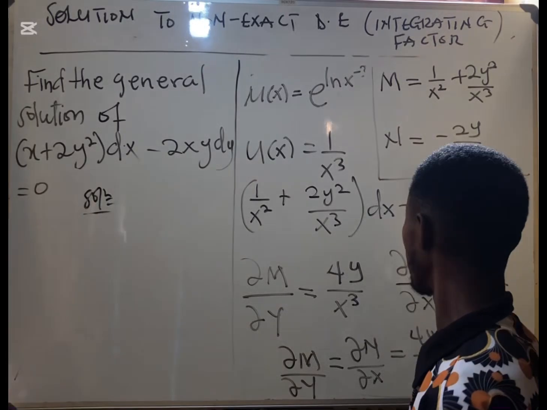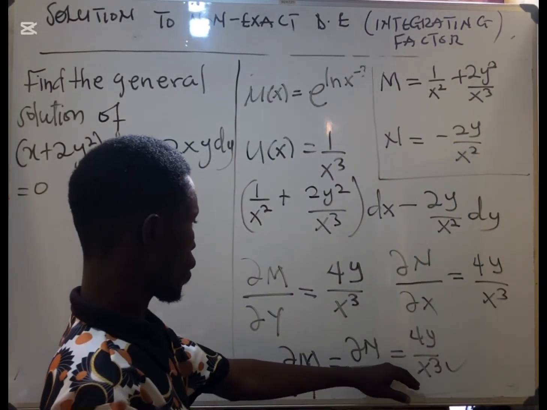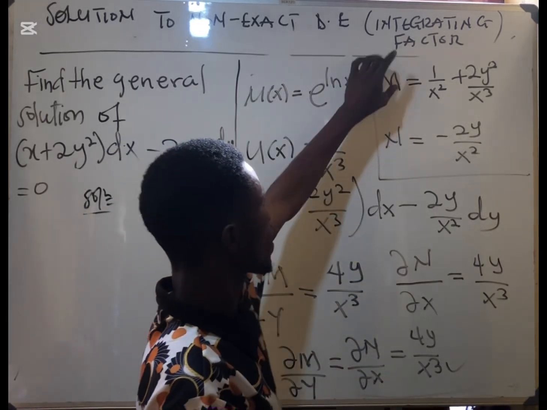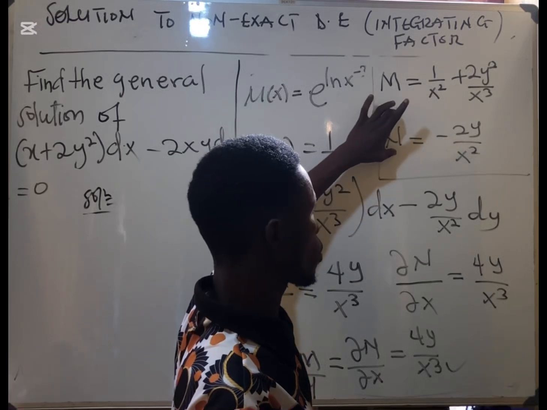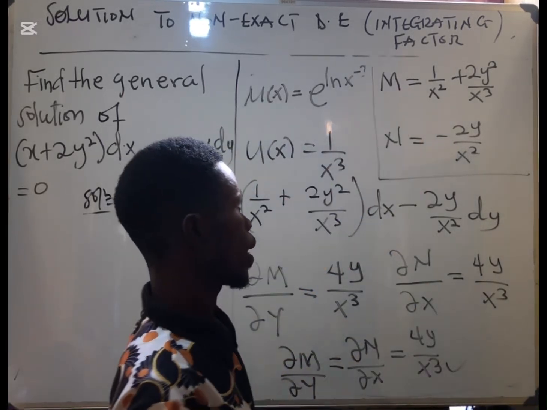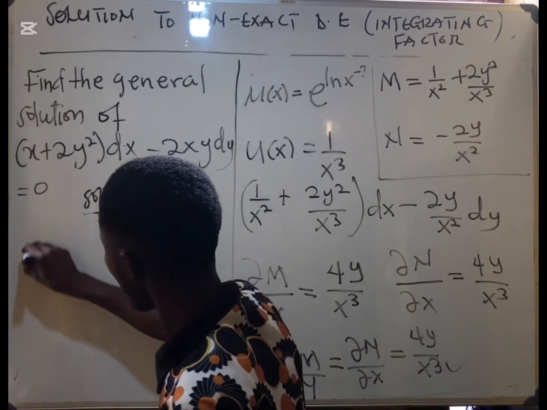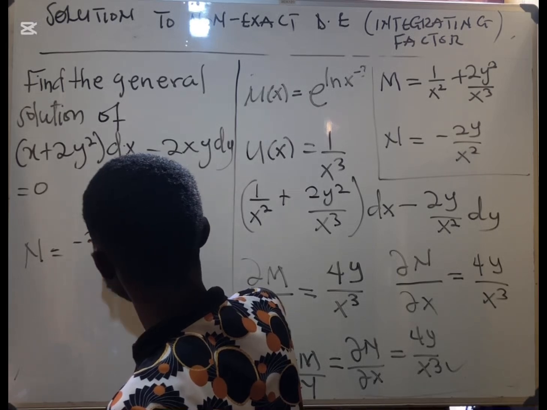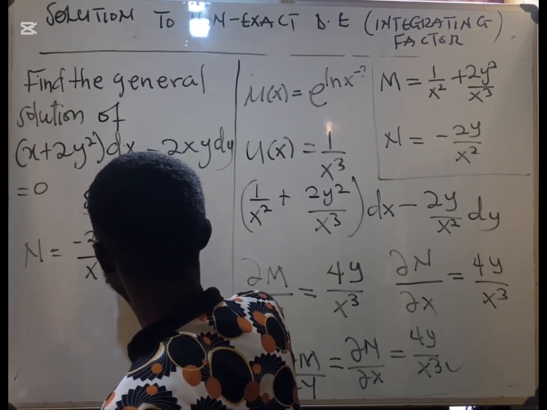So now, this is what we have. Once it's exact, this is what we are going to do. You either pick this one and you integrate, or you pick this one and you integrate. The first one I picked M, so now let me pick N. So I have my N to be equal to negative 2y squared all divided by x squared.